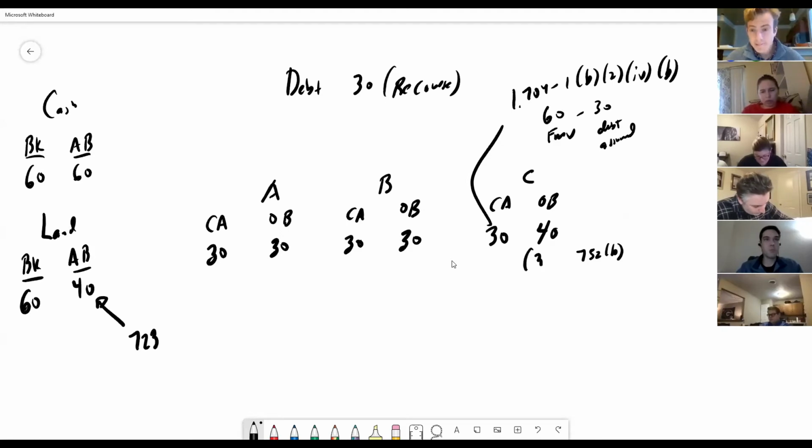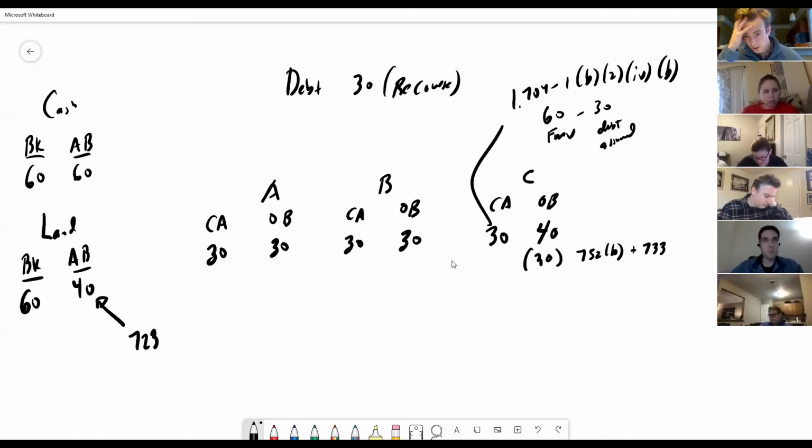Now we're not going to get into a negative situation. We don't have to worry about that. So that's the shedding of the liability. Constructive distribution of money. And then 733 makes that reduce outside basis. No gain on the distribution of money because there's enough outside basis to absorb it.